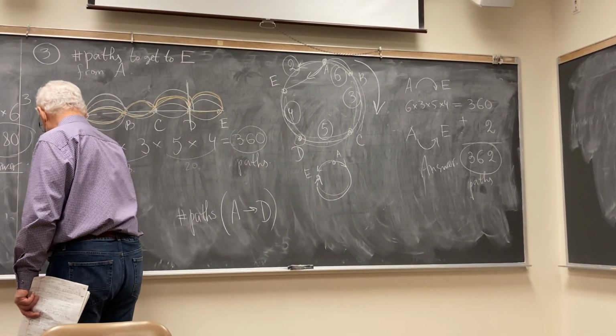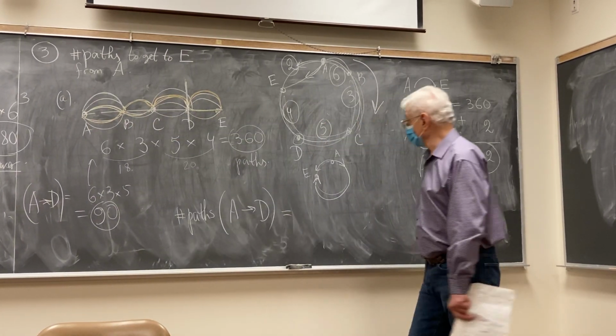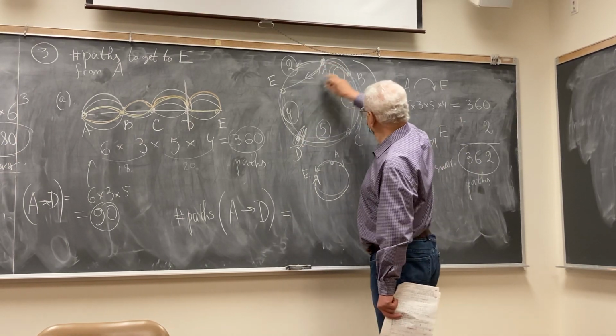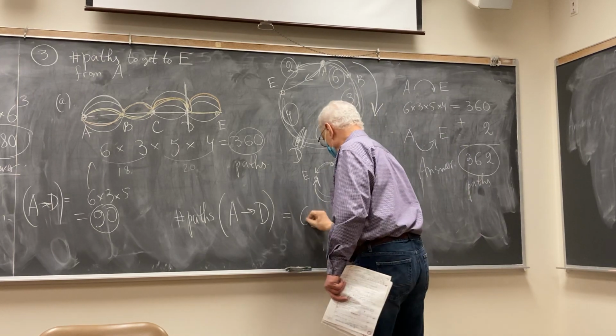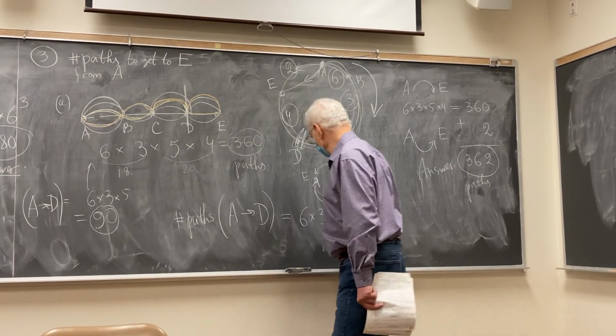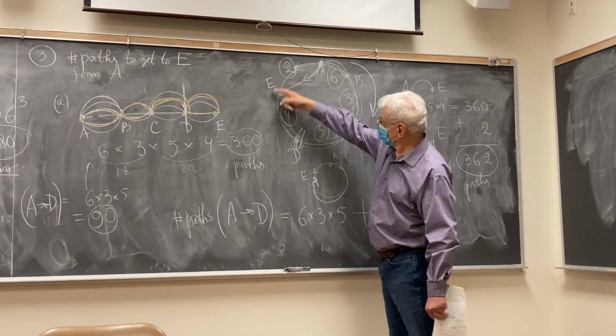But here it's different from A to D. From A to D you can get, in that direction, 6, 3, and 5. 6 times 3 times 5, like here. But also you have to add, if you just go in that direction.